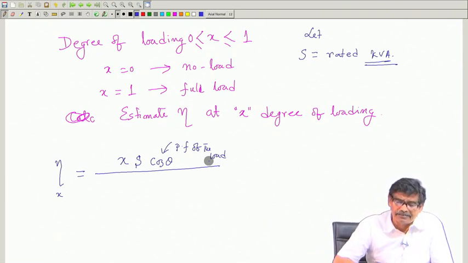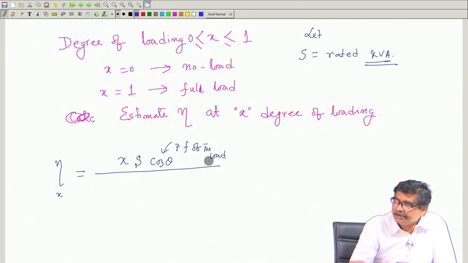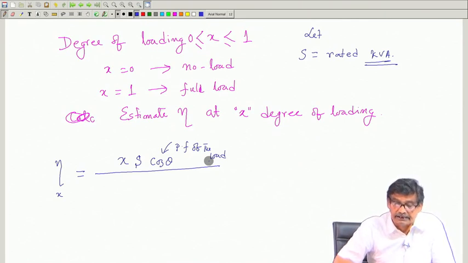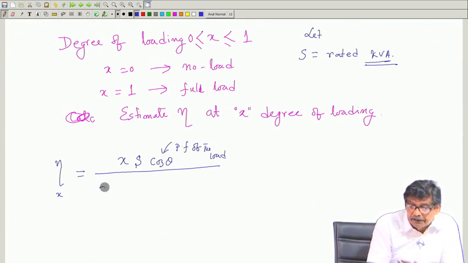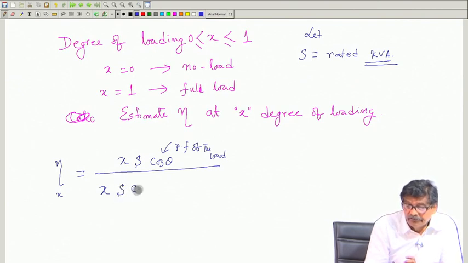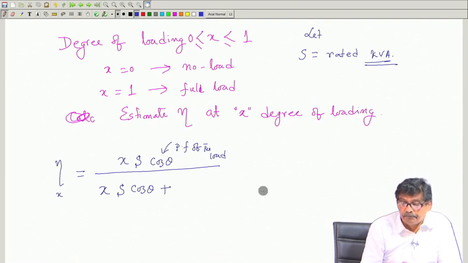Suppose the transformer is supplying x times rated kVA to a load having a power factor of cos theta on the secondary side. So, this is the output, divided by x S cos theta, the output, plus the losses.